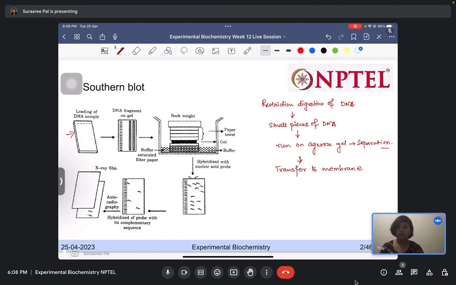So probe DNA is a specific DNA which is complementary to the DNA that we want to observe, right? This probe DNA will hybridize with the specific DNA of our interest, and then finally this probe DNA will be labeled so that we can visualize it, and then we can conclude about the presence of our particular DNA of interest in the sample, right?